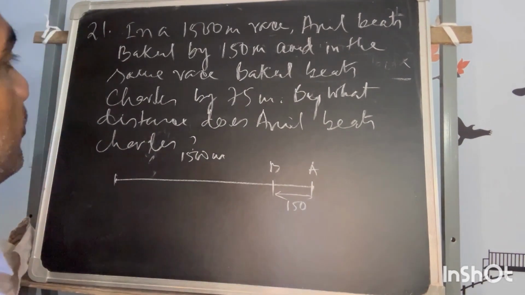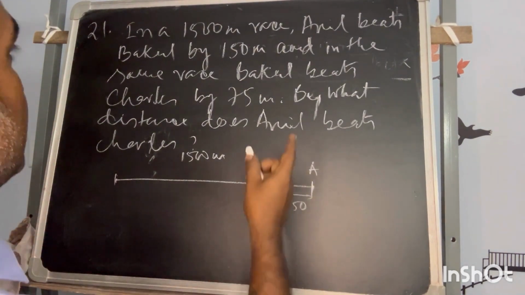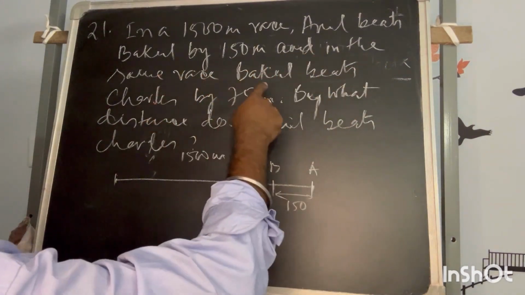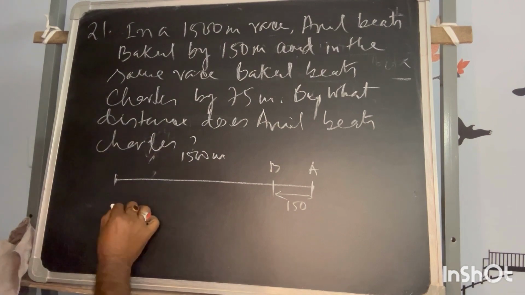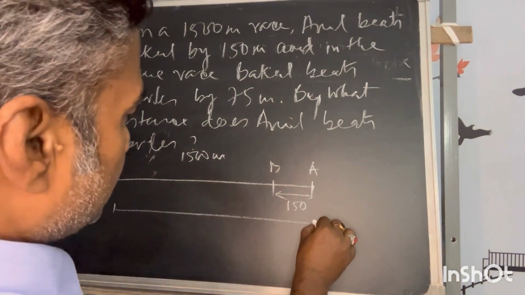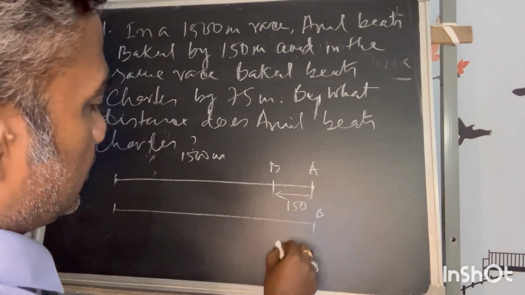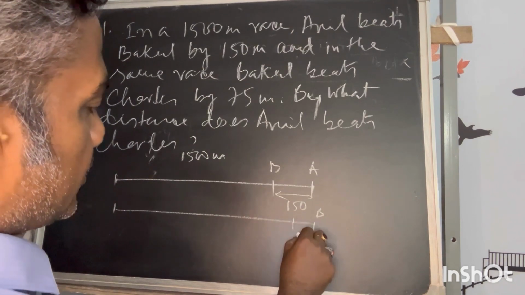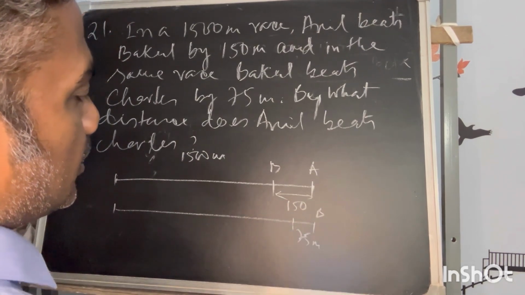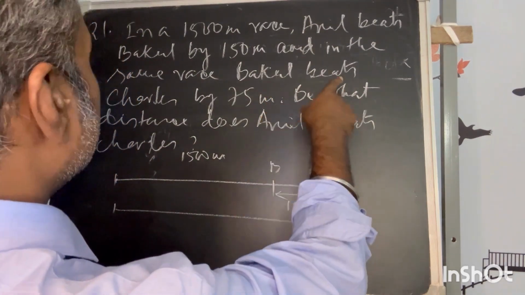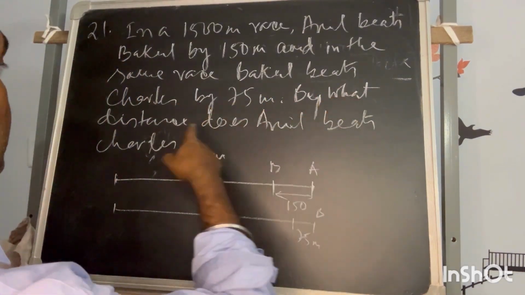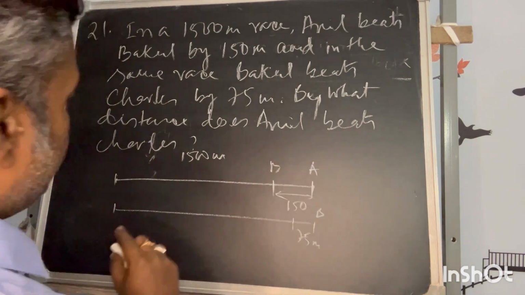And in the same race, Bakul beats Charles. So when Bakul reaches here, Charles is 75 meter away. So by what distance did Anil beat Charles?